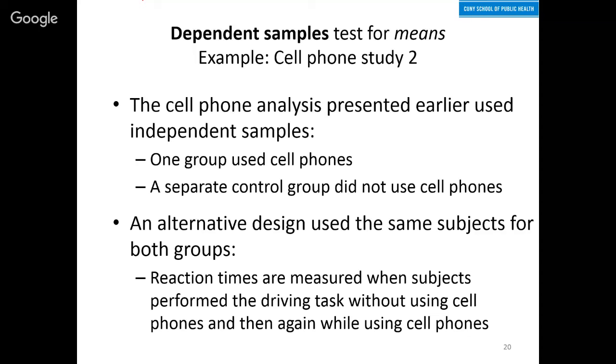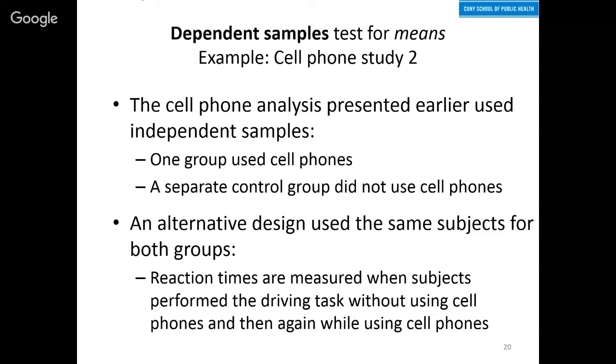Or maybe the other way, maybe they get tired after they take it once and they're more bored and paying less attention the second time. But the point is that in that case where we have them take the test first with a cell phone and second without, the order in which they're taking the test is completely confounded with the treatment. And so you can't separate the effects of test order and treatment.